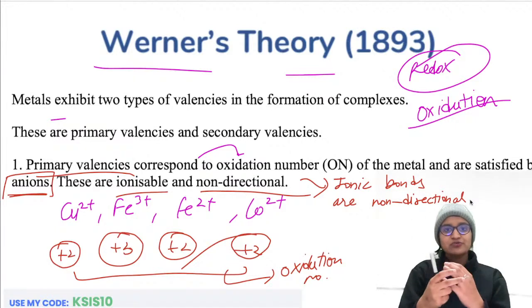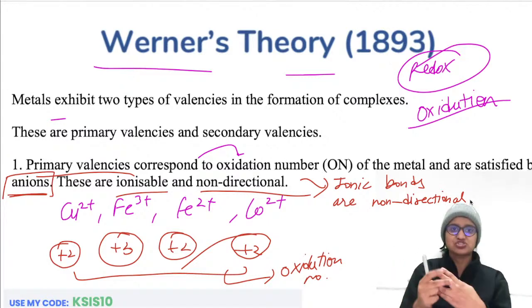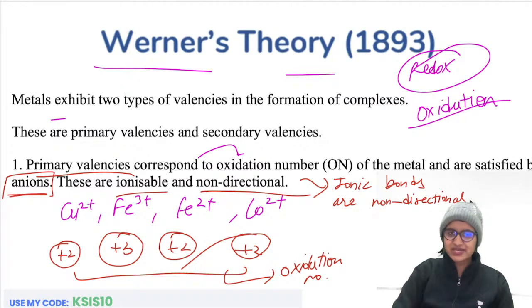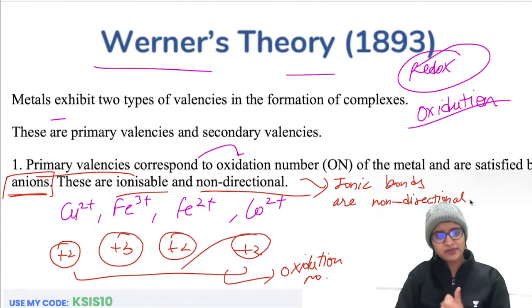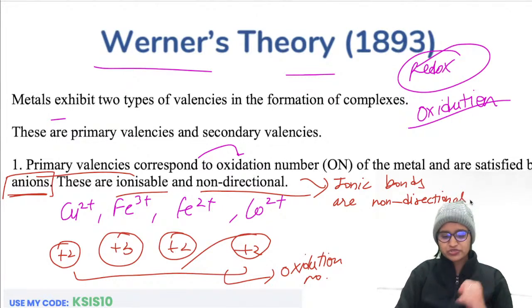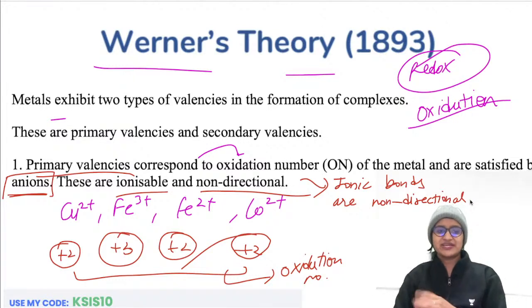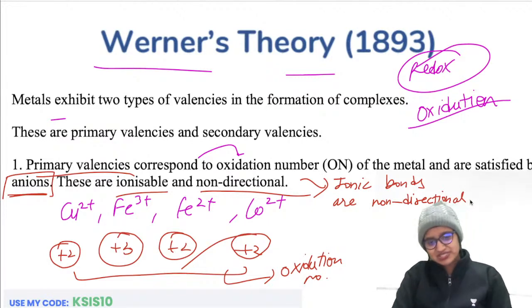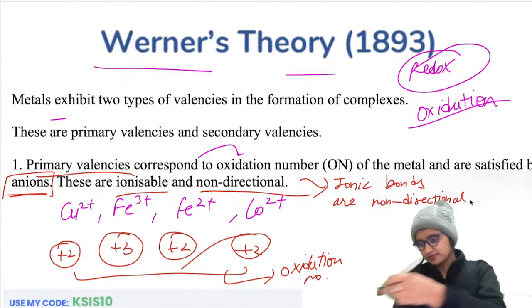That is why you define geometry and shapes in the case of coordination as well as covalent compounds, whether the shape is octahedral, tetrahedral, square pyramidal, or square bipyramidal. So your primary valencies, that is the oxidation number, are satisfied by anions. That's why these are ionizable, and they are non-directional because of ionic bonding.